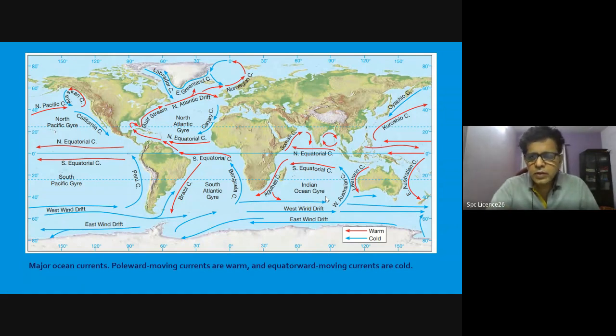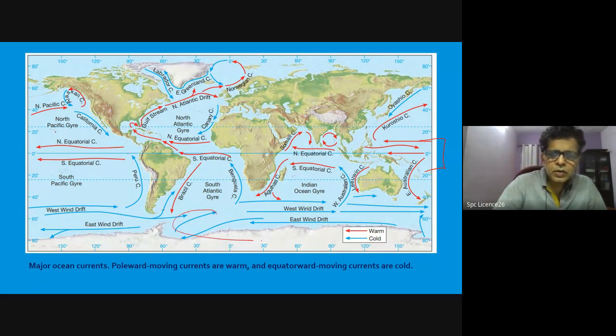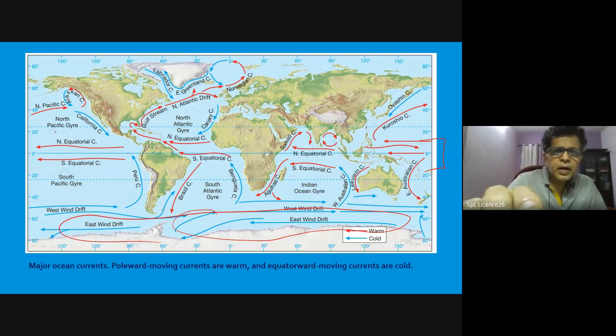Obviously, we know that towards the equator, that's here, you have a larger insolation, and that insolation gets transferred into the waters of the equatorial regions as well, warming up these waters. So you'll see all those red arrows which mark warm waters near the equator. And all those cold arrows which mark the cold waters are seen towards the poles, here as well as here.